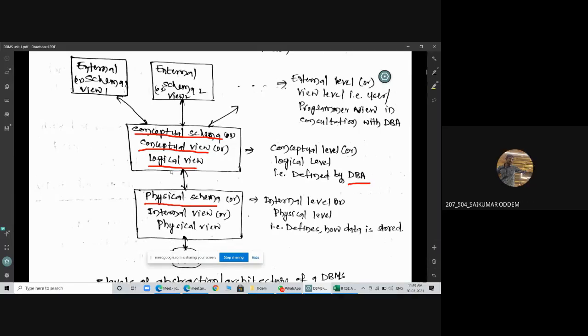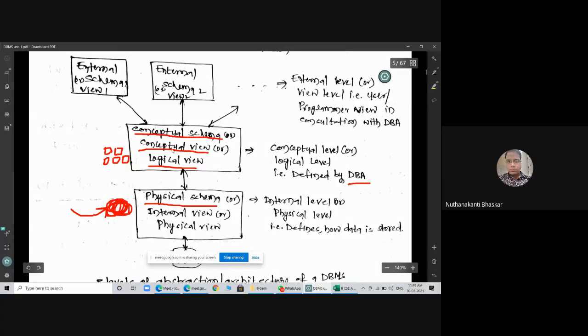Physical means everything is there, everything is raw data, anything in that particular database. Coming to the logical level, here also everything is there, but in separate relations, related to that category. For example, say I am going to design one organization database. All the employees I take as physical data.